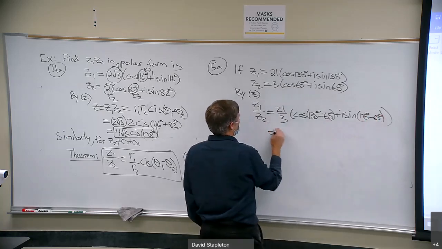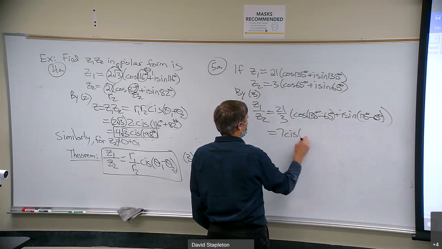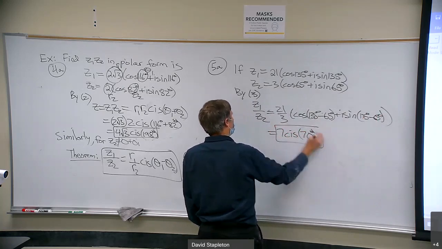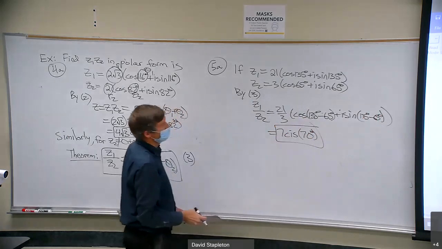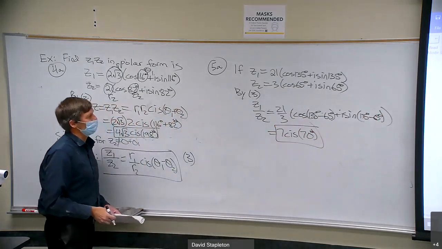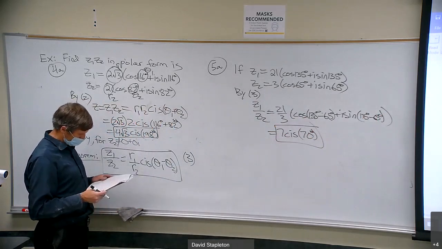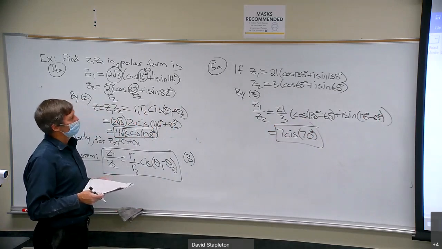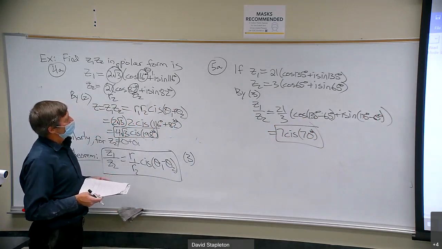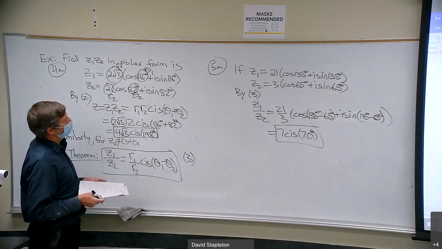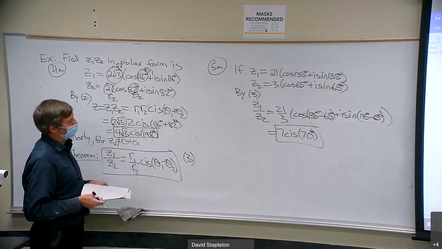So it's 7 times cosine plus i sine of 70 degrees. There it is. How about that? It's easy to divide by subtracting angles and dividing R1 by R2. There's how polar coordinates are neat for multiplication and division.